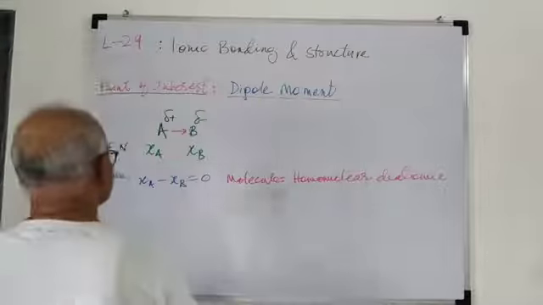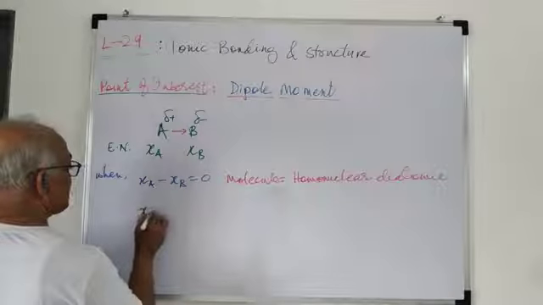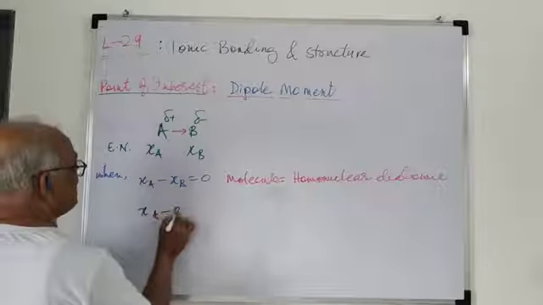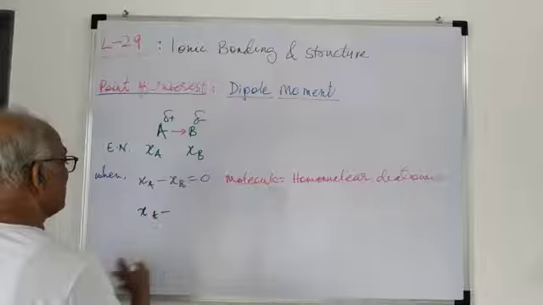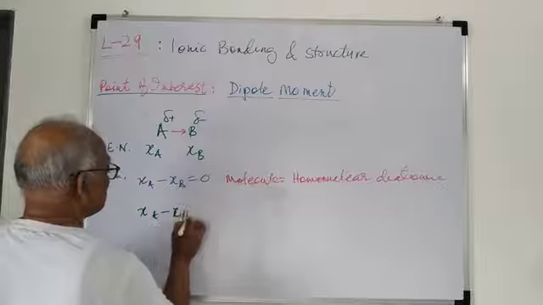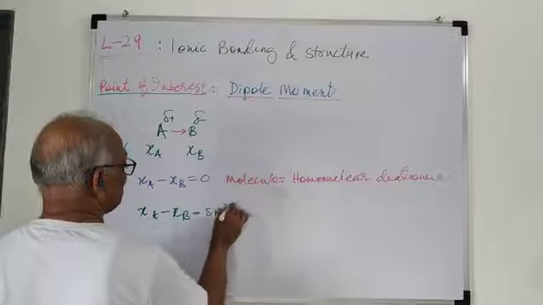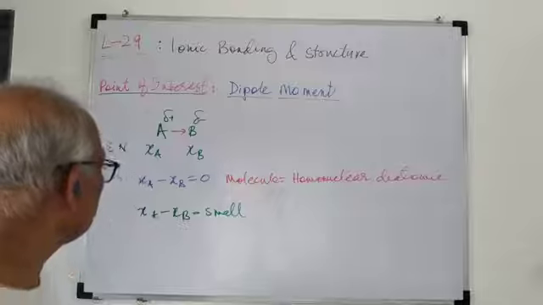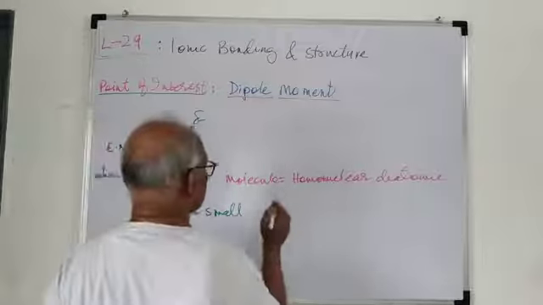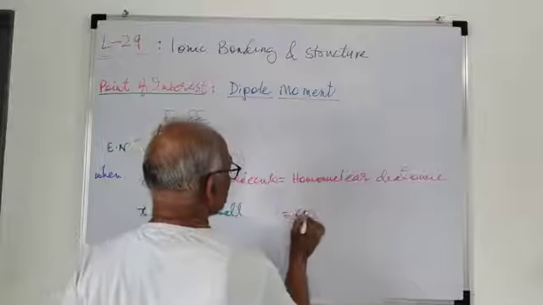When XA minus XB is small, the molecule is covalent.